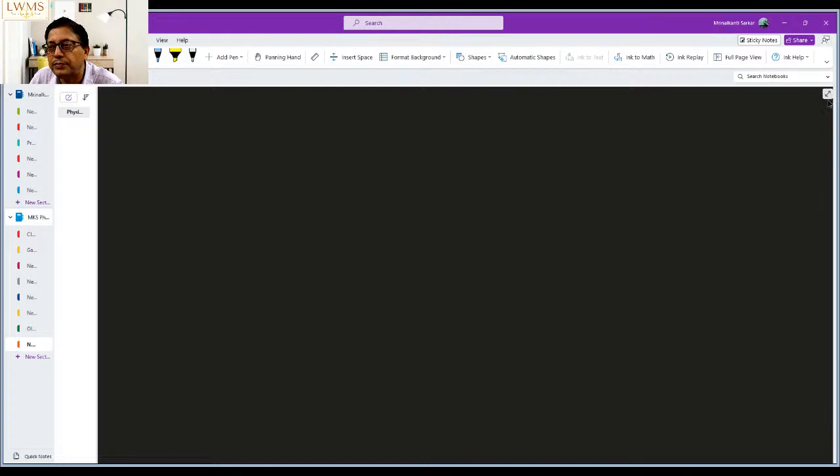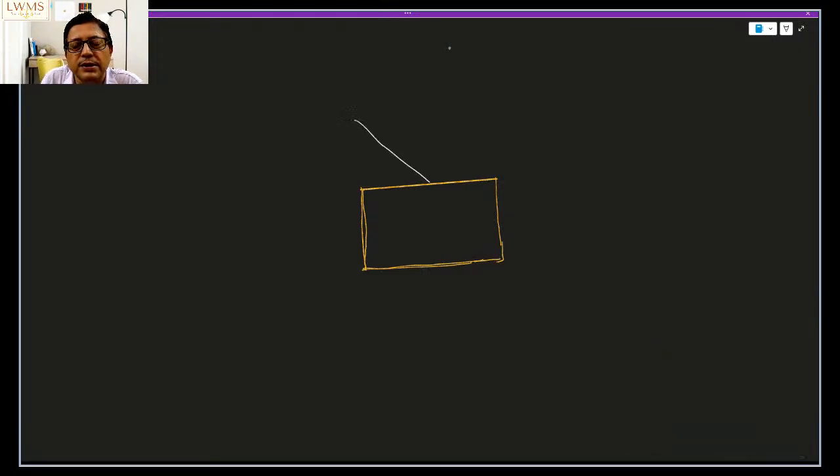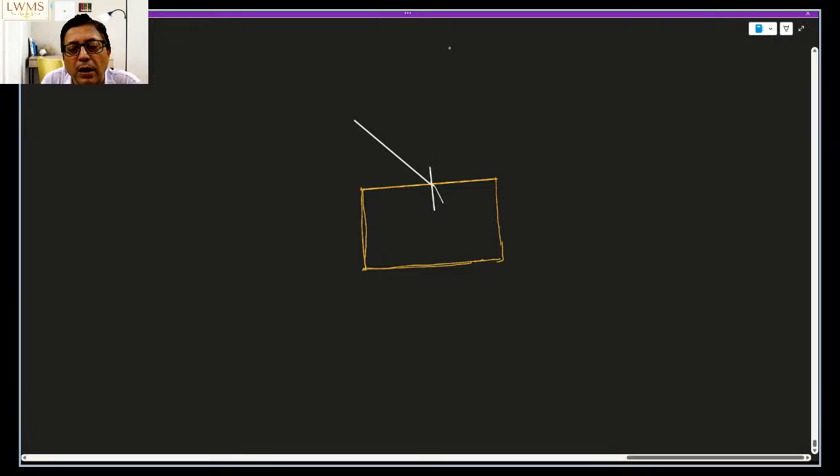So for that rectangular glass slab, I am drawing the same diagram here. Light ray enters, this one I1, R1.